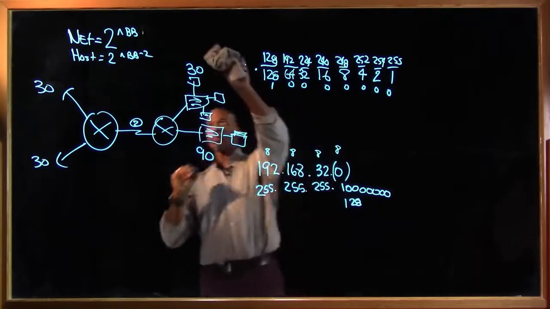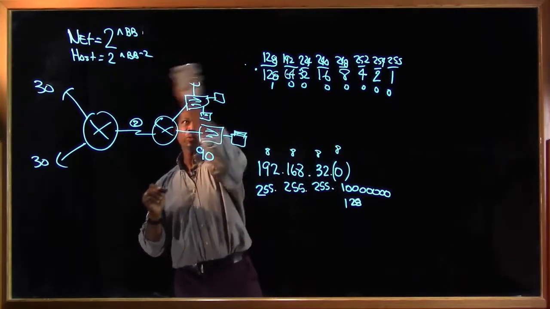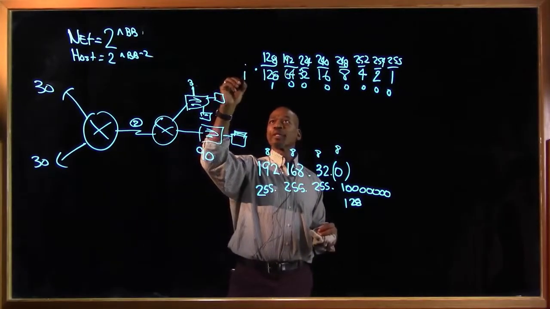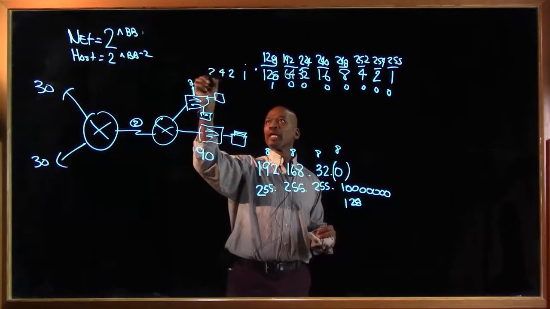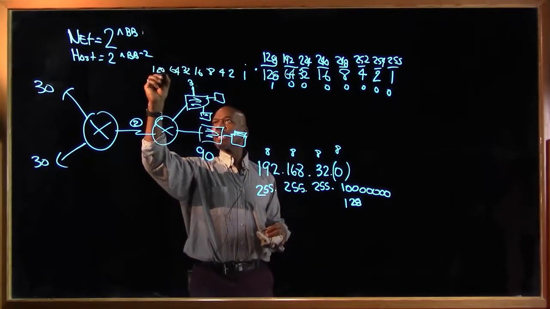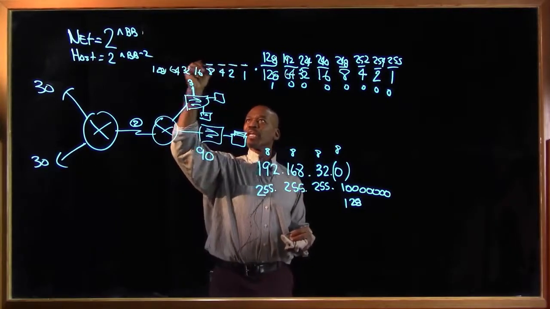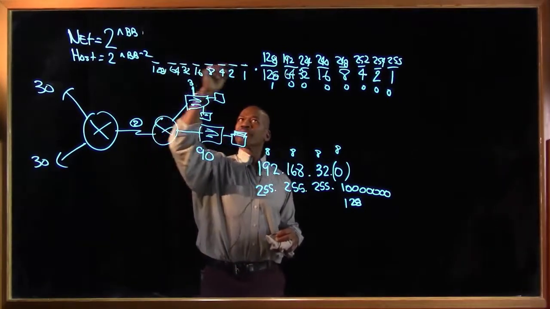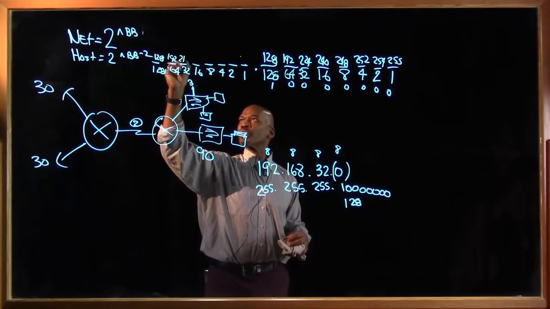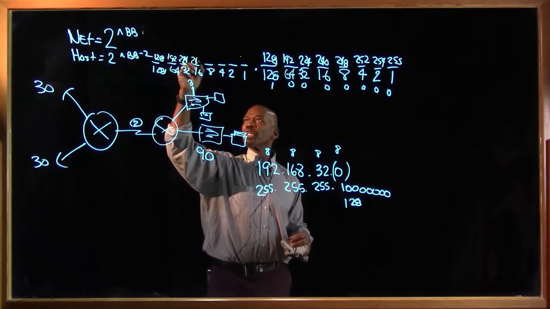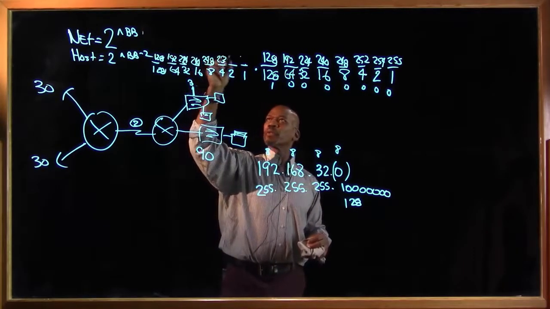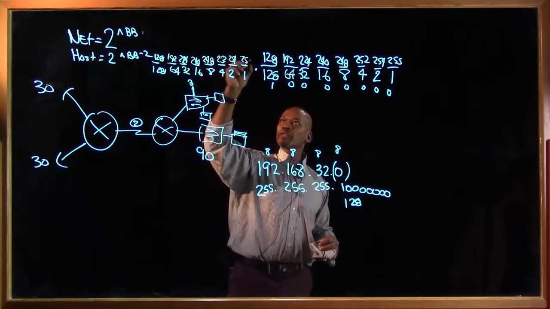So if I were to continue this, I'm going to make this a little smaller. I could have brought it down: 1, 2, 4, 8, 16, 32, 64, 128. I'm going to do the same thing: 128, 192, 224, 240, 248, 252, 254, 255.